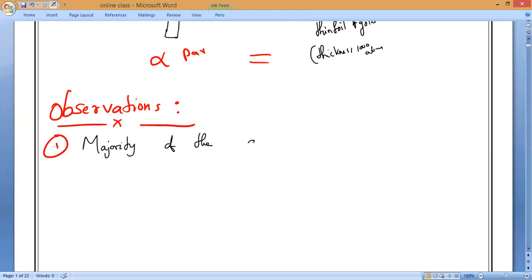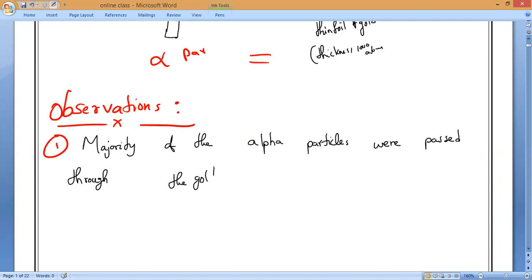Majority of the alpha particles were passed through the gold foil without any deflection in their path. Yes or no?